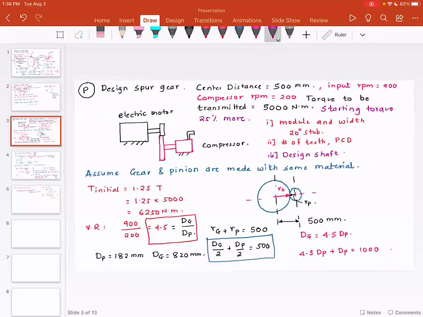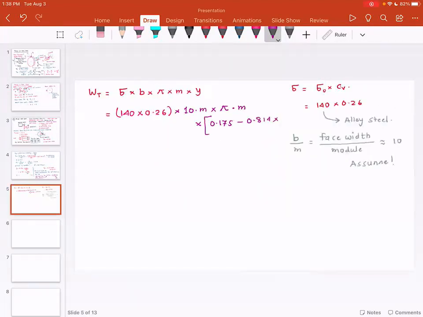So if you look at the diameter of the pinion, it is 182. Now, a word of caution. With whatever units you use, if you think about it, this is actually a ratio.